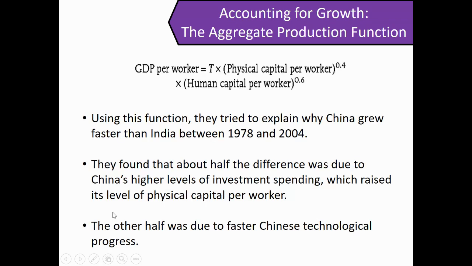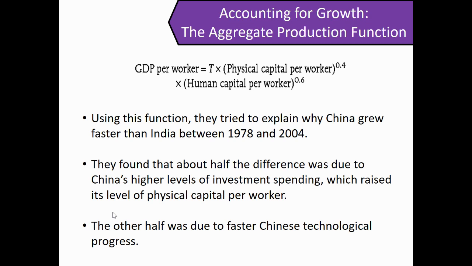So using that function, they tried to figure out why China grew faster than India in the period of 1978 to 2004. Why did they have so much more growth? When we think of this idea of growth, in reality, everything is changing at once.